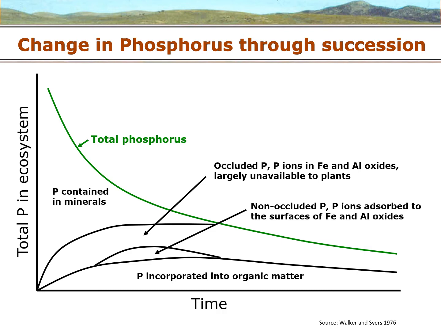And then also phosphorus that is absorbed on top of the surface of iron and aluminum oxide and is available to plants. But as a total, the phosphorus through time decreases along a successional gradient.